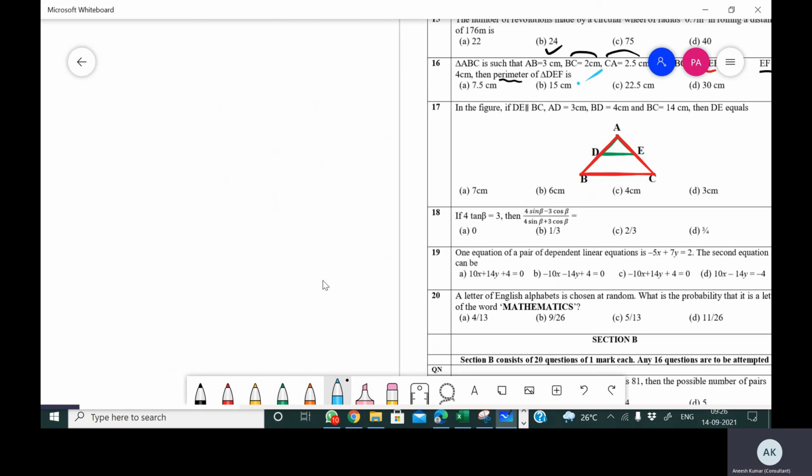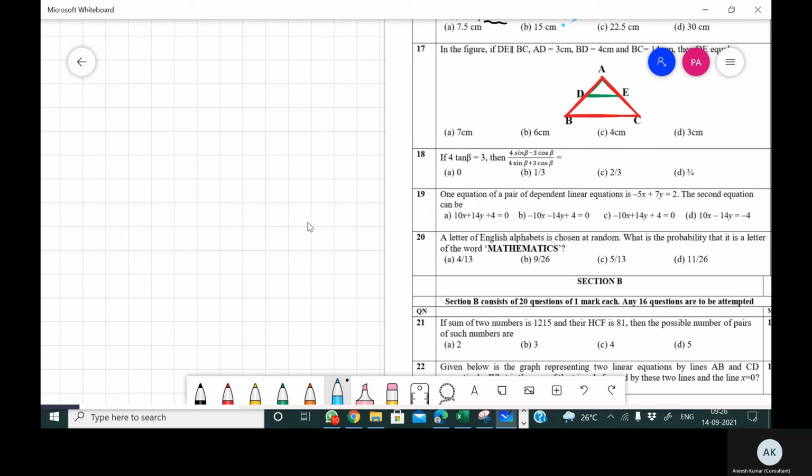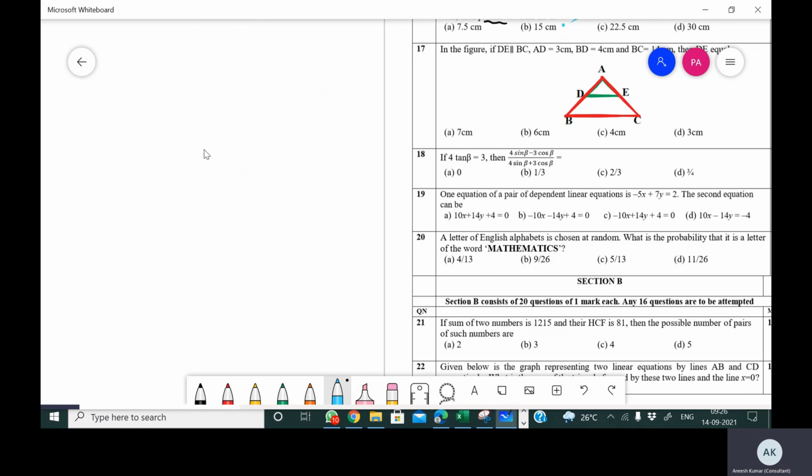Next, go to 18th question. It is given 4 tan beta is equal to 3. Whenever a question is relating to tan and what we have to find is in the form of a fraction in which sine, cos are in the numerator and denominator with the same coefficients, the only difference is minus plus in the numerator.